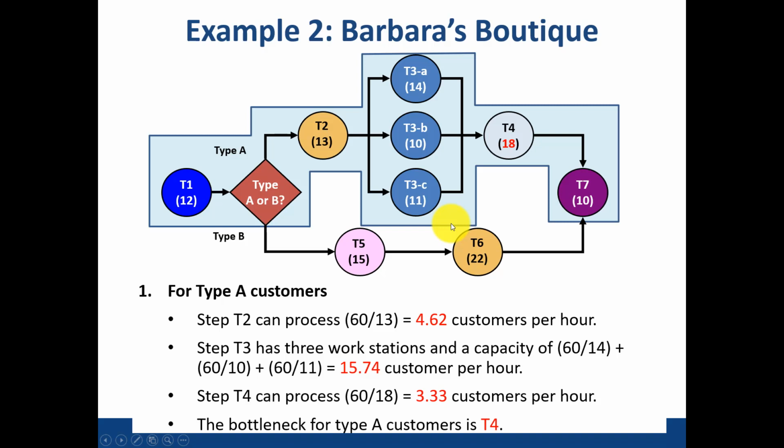But you know what? It doesn't really matter, because at the end, everything is restricted by this person. In fact, you can even omit 2 of these persons and it is still the slowest step. Okay, so the speed of A is defined by step 4, so we can only serve 3.33 customers per hour. That's it, for type A.